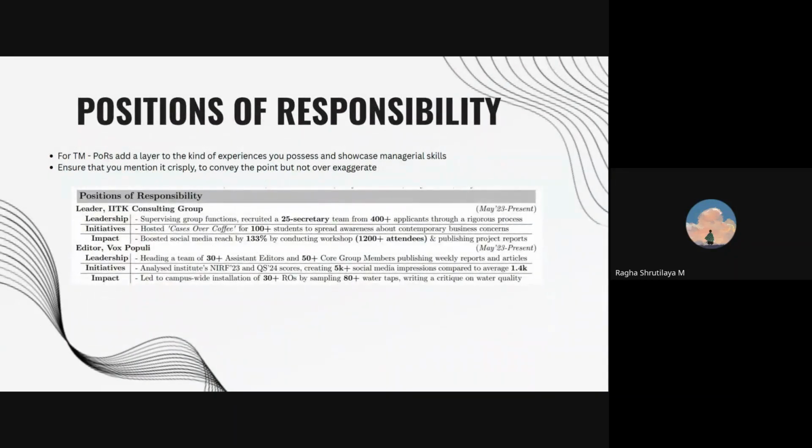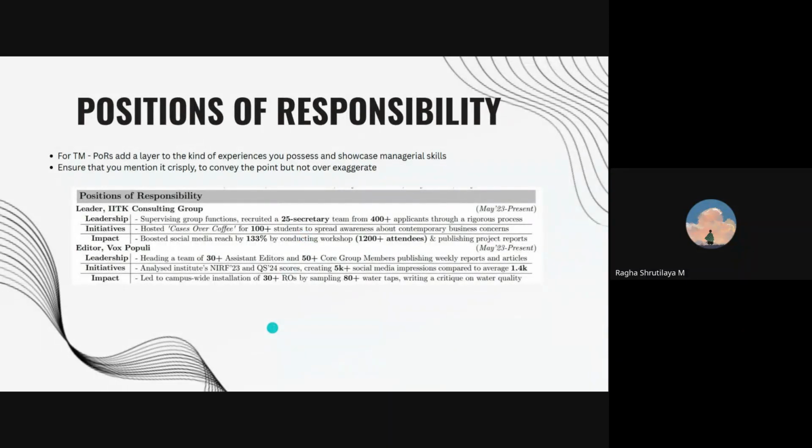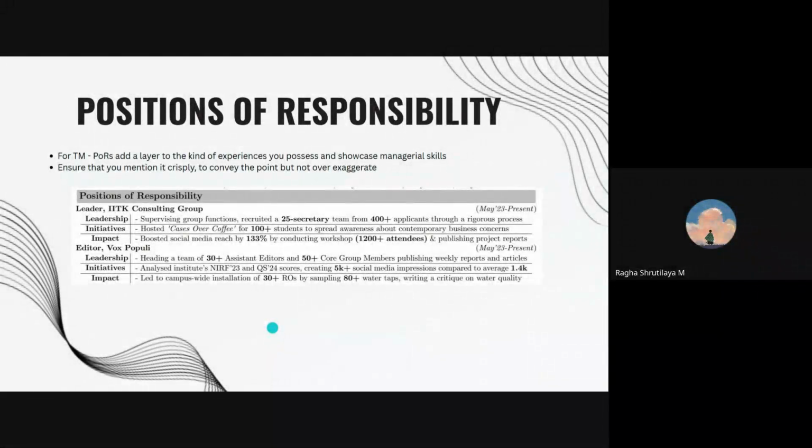Coming to positions of responsibility, this is very important especially for consulting and techno-managerial roles. I'm pretty sure all of you have a lot of PORs. Make sure that what you write in the tabular form are your main PORs, that is, your third year PORs. Write them in a tabular form with leadership, initiatives, and impact.